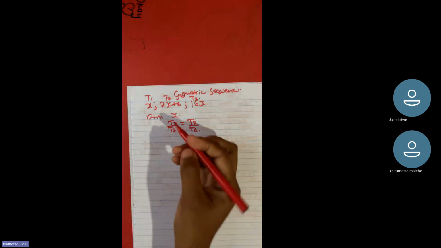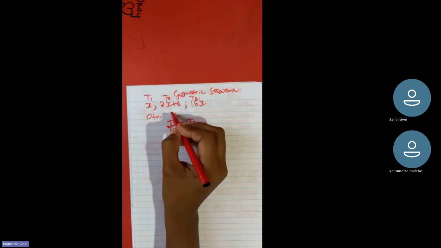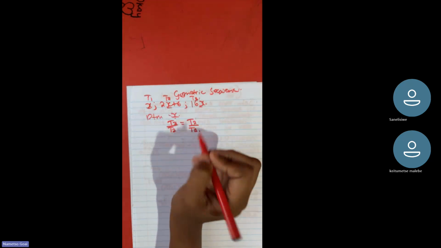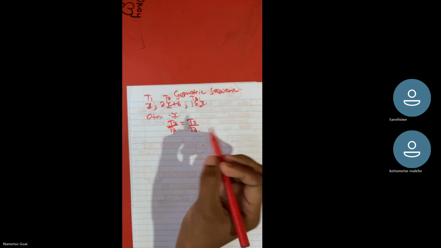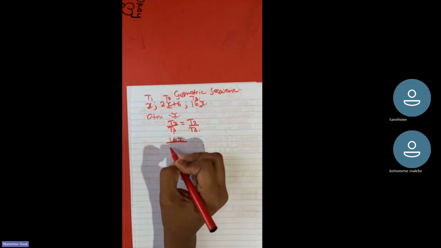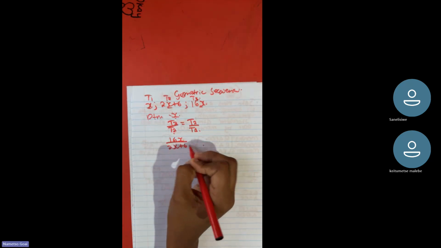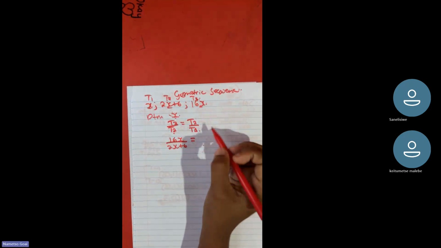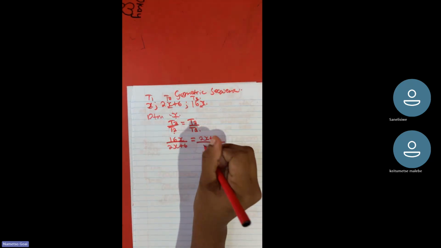So if we go T3 divided by, because we're trying to determine this x value over here, right? So if we go T3 divided by T2, we would have 16x all divided by what? What is T2? 2x plus 6 equals to, what is our T2? 2x plus 6 divided by, what is our T1? x.